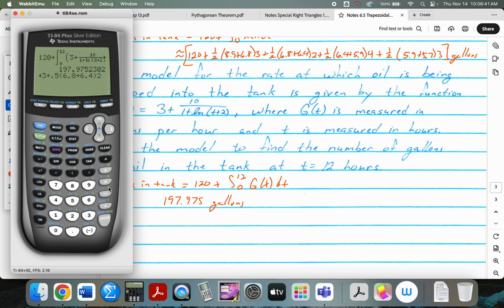I might not type a decimal place. And then this is 6.4, 5.9. Oops, 5.9 plus 5.7 times 3. 198.75. All right. So, pretty good approximation.